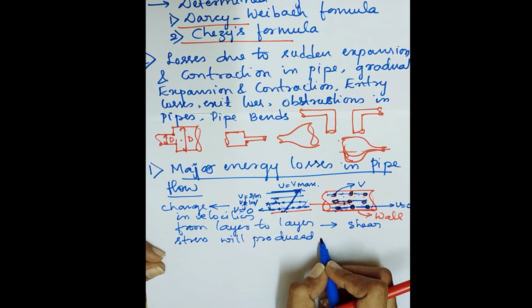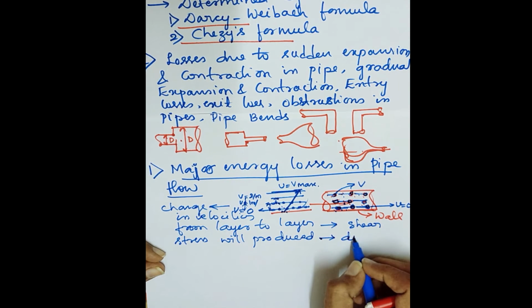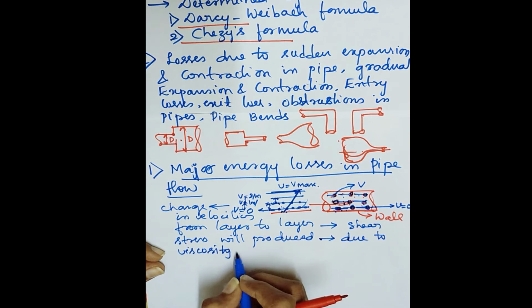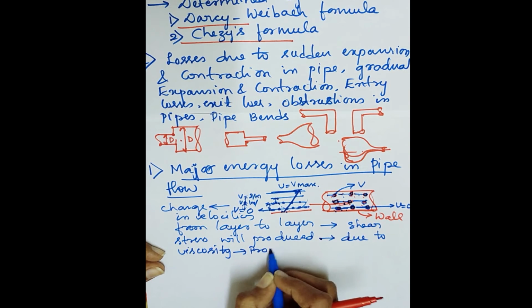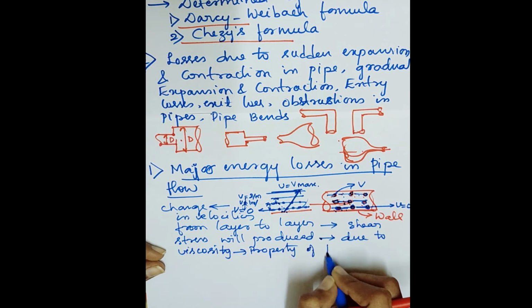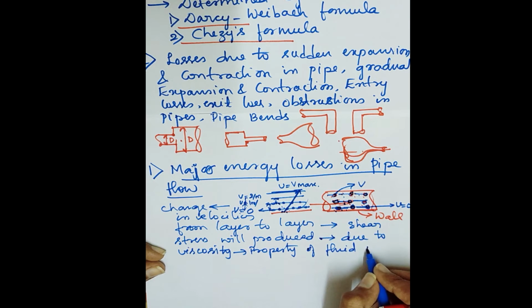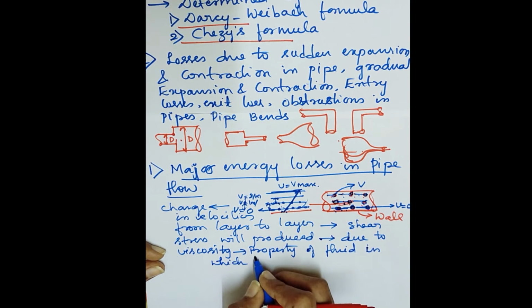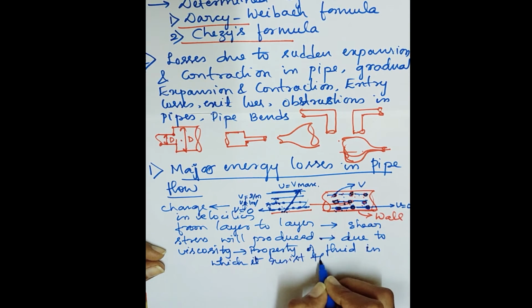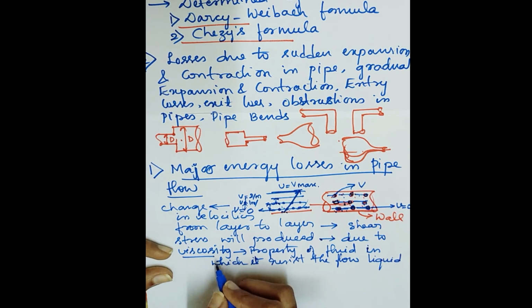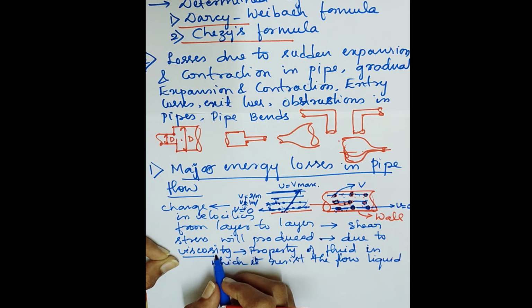Why are these stresses going to develop? Due to the viscosity. Hope you remember what viscosity is. Viscosity is a property of a fluid which resists the flow of a liquid or fluid, or simply we can say it is the resistance to flow.